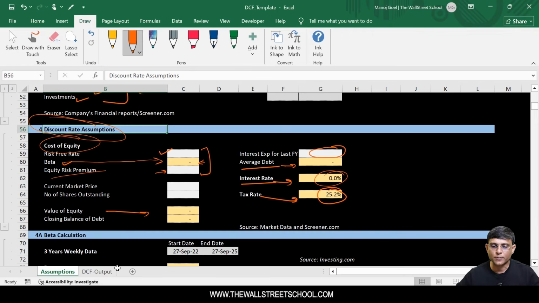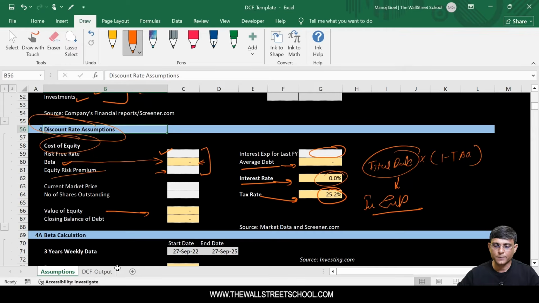So you know the concept of cost of debt: interest rate into 1 minus tax rate. So interest rate is interest expenses divided by average debt outstanding.